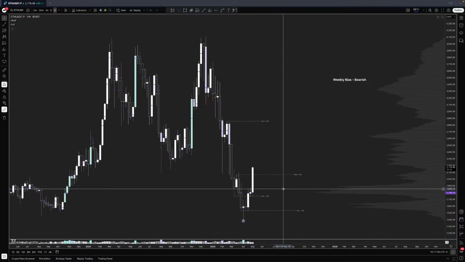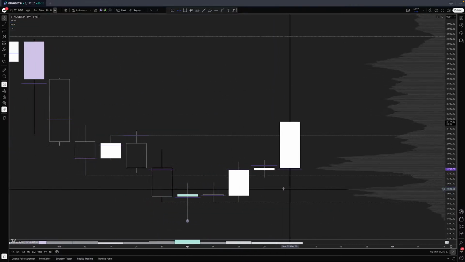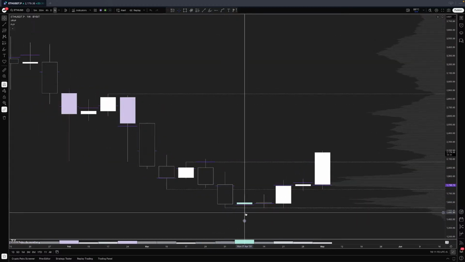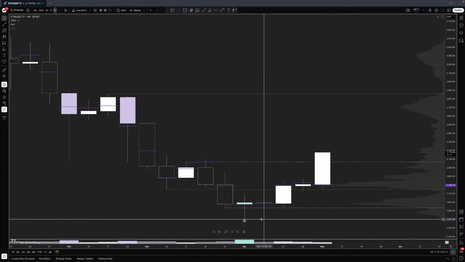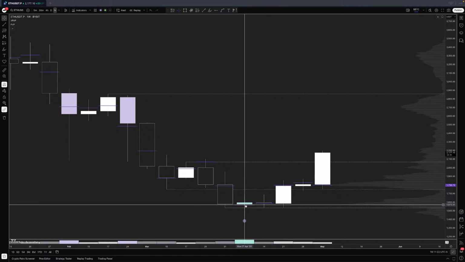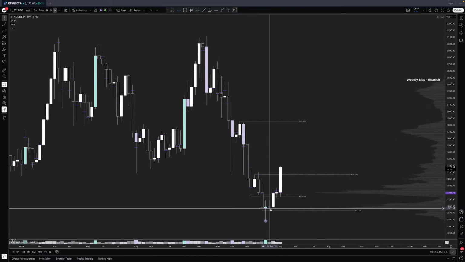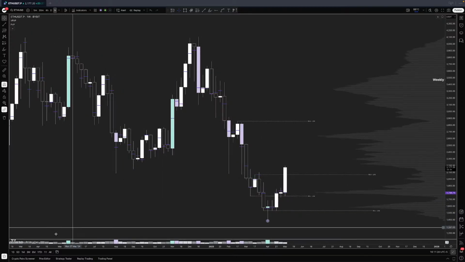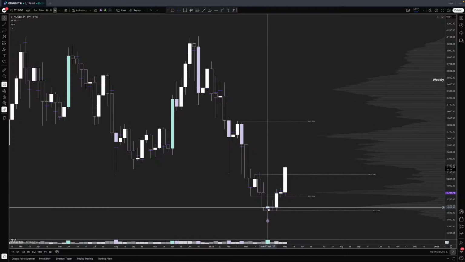You can see that this candle over here, the one that I'm highlighting, is a failed auction because it tried to close below the previous lower low and wasn't able to, and then it closed above. And not only that, but the wick is showing absorption, meaning that a lot of traders got trapped in this move down. And also this is a high relative volume candle.